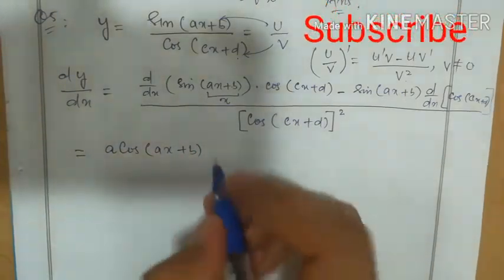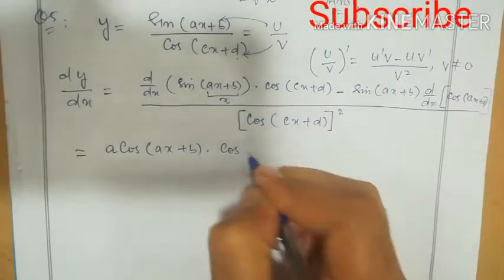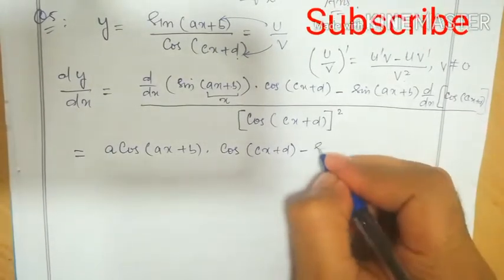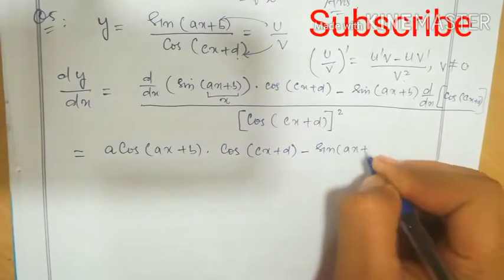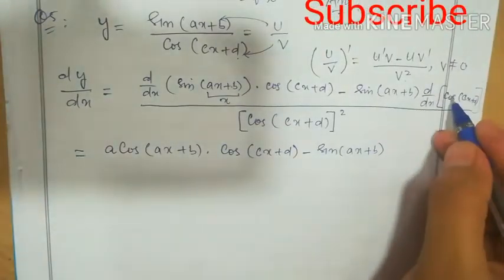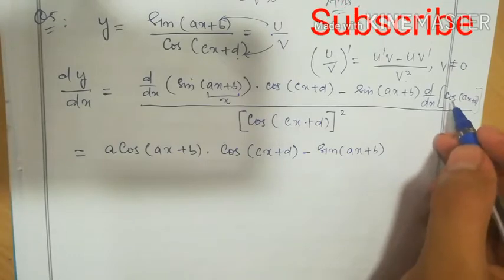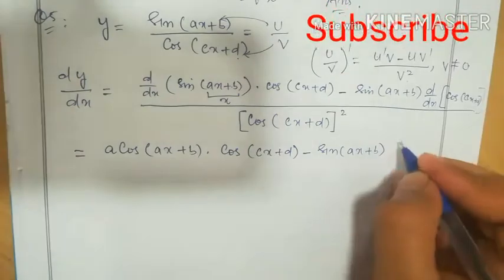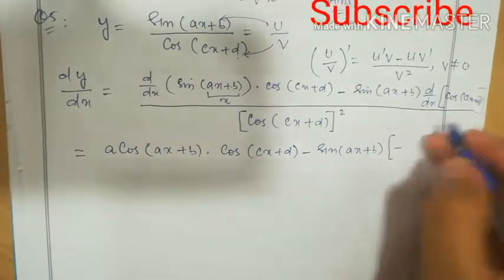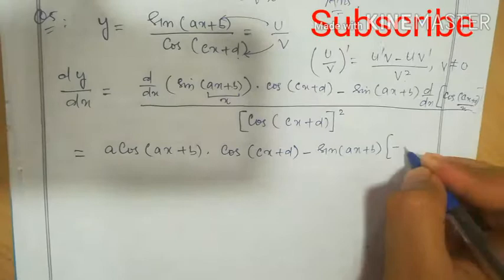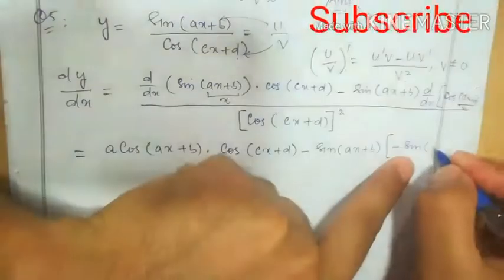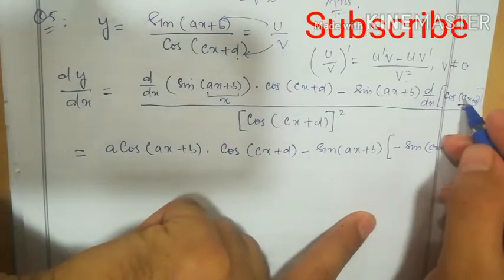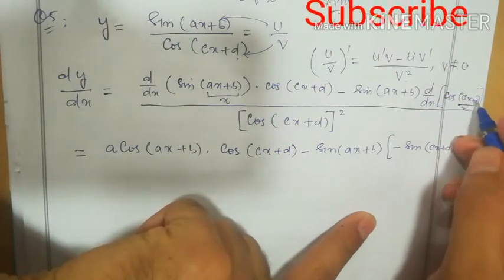Now here it is cos cx plus d minus sin ax plus b. So differentiation of sin x is cos x, differentiation of cos x is minus sin x. So it is minus sin cx plus d, and differentiation of cx plus d is c, because differentiation of cx is c and d is 0.